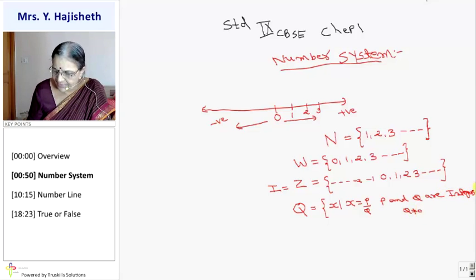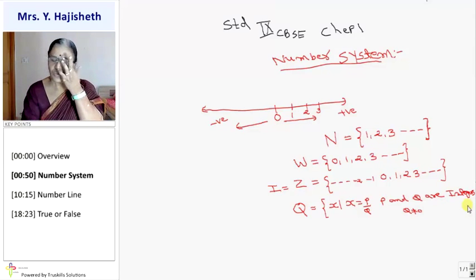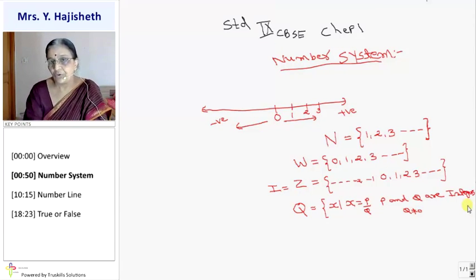Or you can say P belongs to Z and Q belongs to N. Even I can say P belongs to W and Q belongs to N. So P can take a negative sign, but Q neither takes a negative sign nor the value 0.